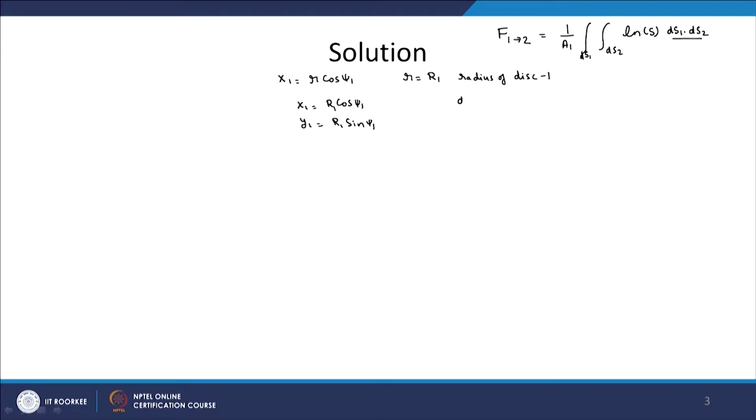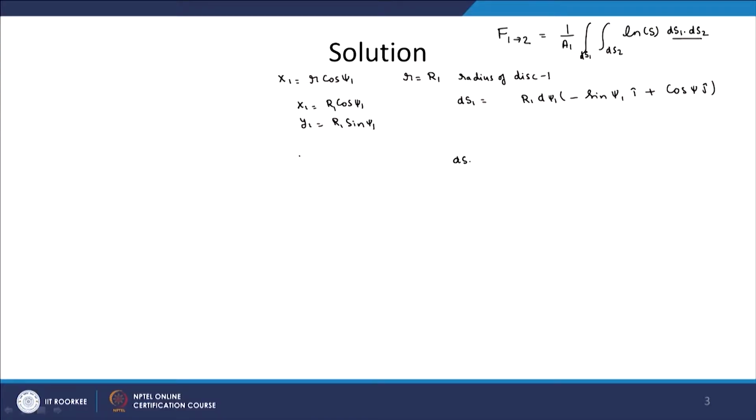So, we can write ds1 as equal to r1 d psi 1 times minus sin psi 1 i cap plus cos psi 1 j cap. This is all vector, where i cap and j cap are unit vectors in x and y direction respectively.